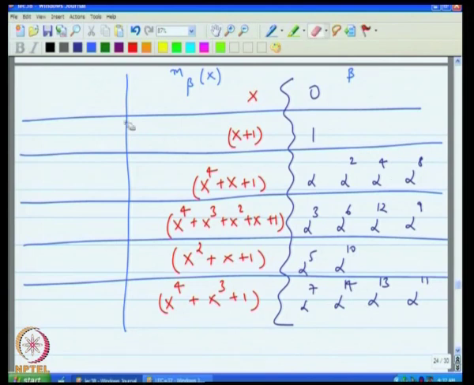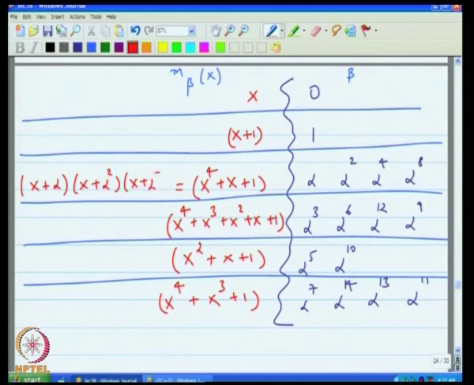So, you can interpret that as telling us that x^4 plus x plus 1 can be factored as (x plus alpha)(x plus alpha squared)(x plus alpha^4), and then you also have (x plus alpha^8).